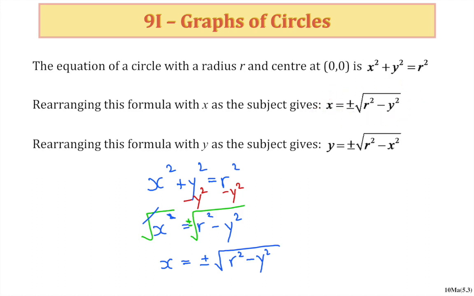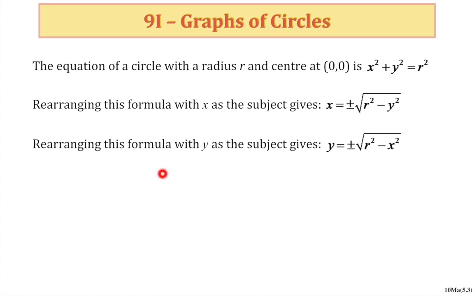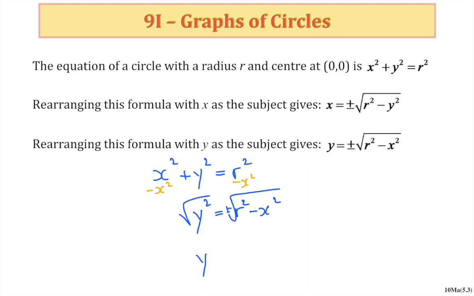If I wanted to do the exact same thing, but this time get y squared by itself, I'm going to minus x squared from both sides, and that leaves me with y squared equals r squared minus x squared. Take the square root of both sides, and you get y equals plus or minus the square root of r squared minus x squared, which is this line.